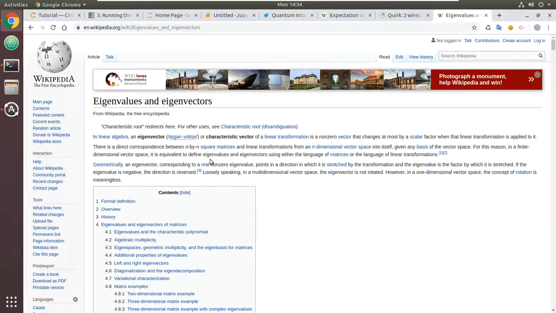For this reason, in a finite dimension, it's equivalent to define eigenvalues and eigenvectors using either the language of matrices or the language of linear transformations. Geometrically, an eigenvector corresponding to a real non-zero eigenvalue points in a direction in which it is stretched by the transformation, and the eigenvalue is the factor by which it is stretched. So basically, the eigenvectors and the eigenvalues are really what define the matrix and what define the transformation.